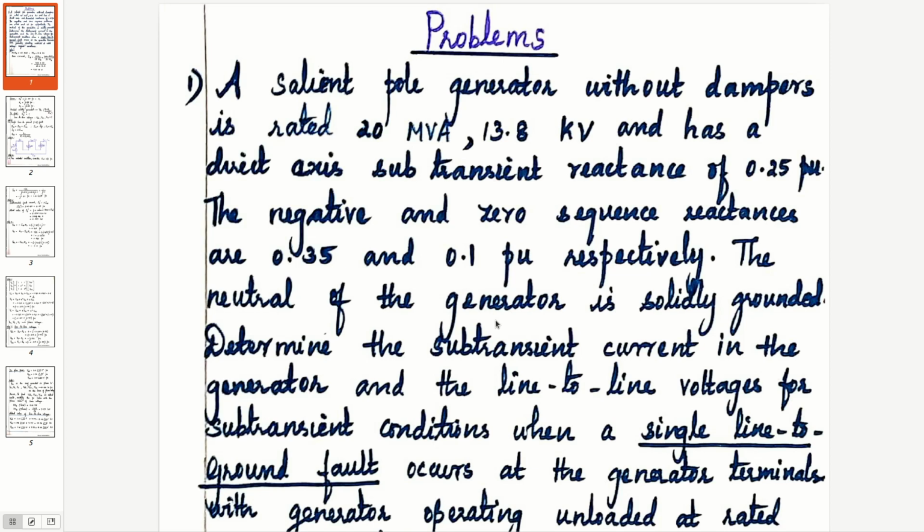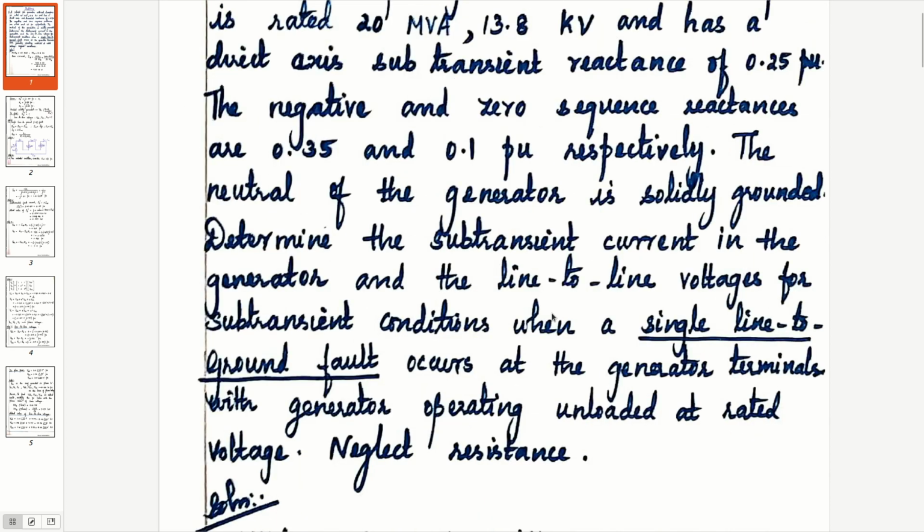And the line to line voltages for the subtransient conditions when a single line to ground fault occurs. The generator operates at unloaded condition at rated voltage. Neglect the resistance, so the impedance has only the reactance which is given.